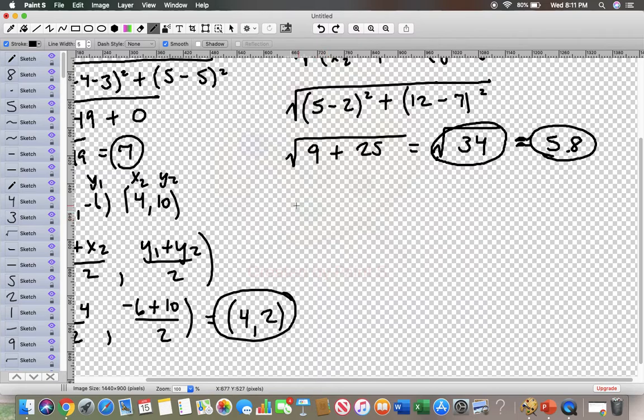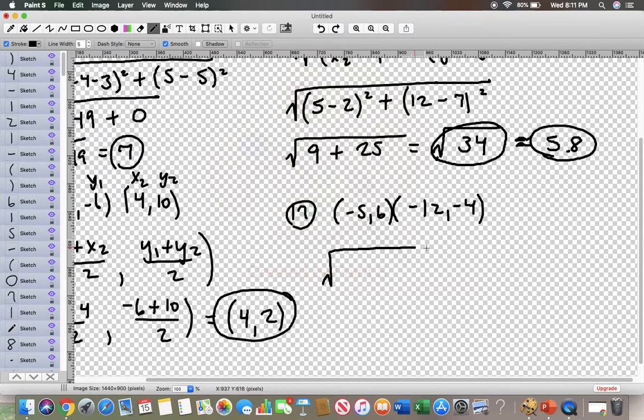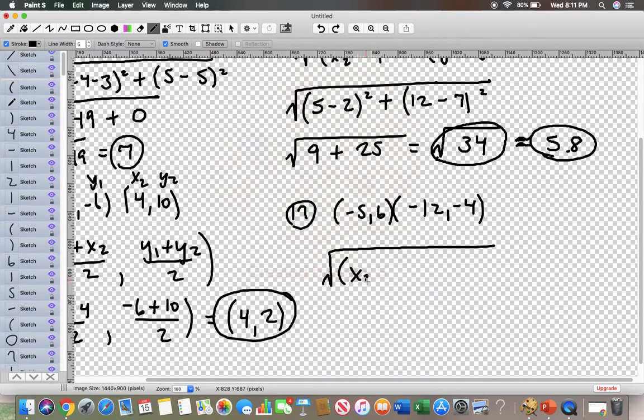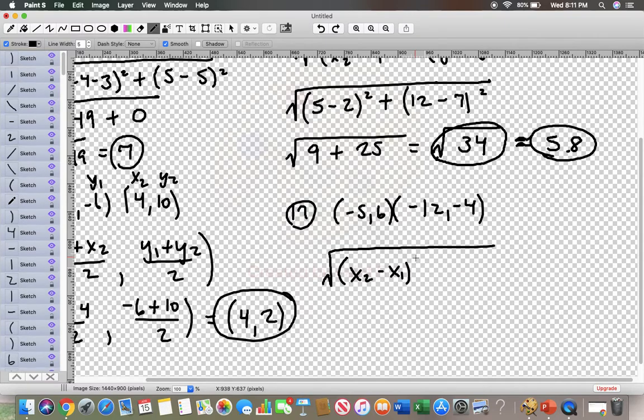Let's see here. Again, we're finding the distance. So (-5, 6) and (-12, -4). Write your distance formula: the square root of (x sub 2 minus x sub 1) squared plus (y sub 2 minus y sub 1) squared.